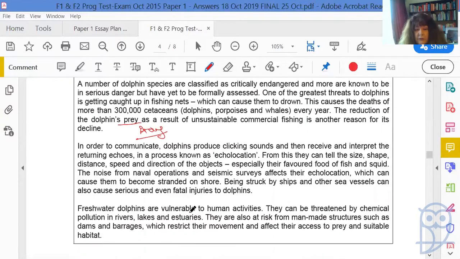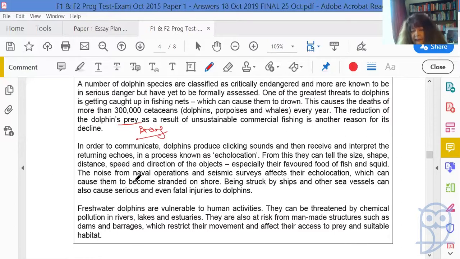Right, in order to communicate, dolphins produce clicking sounds and then receive and interpret the returning echoes in a process known as echolocation. From this, they can tell the size, shape, distance, speed, and direction of the objects, especially their favorite food of fish and squid.